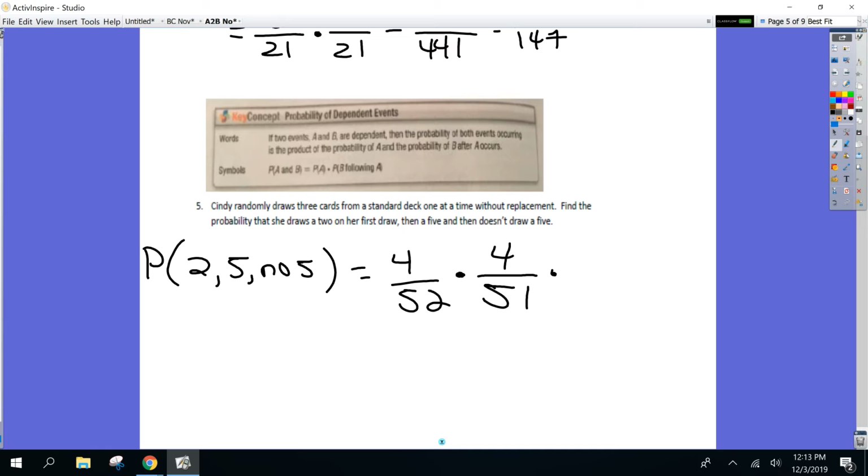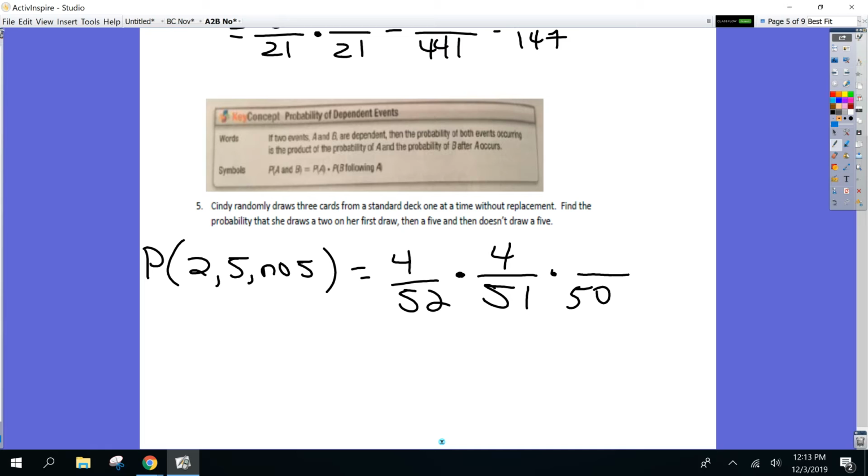So you have to think to yourself, well, first, how many cards are in the deck now? 50, right? There's 50 cards in the deck. Out of those 50, how many are not 5s? And remember, I've picked a 5 already. Think about it this way.